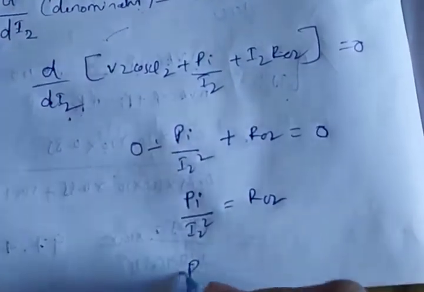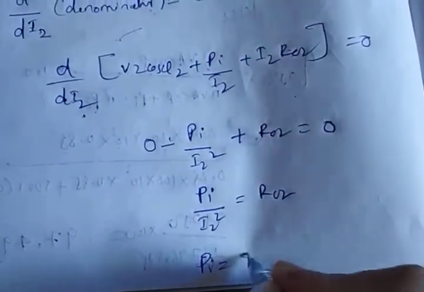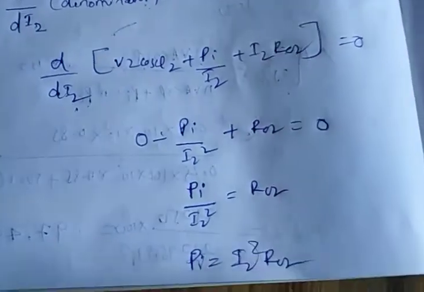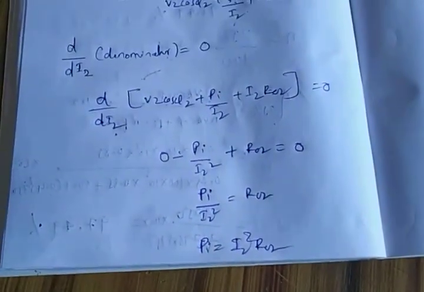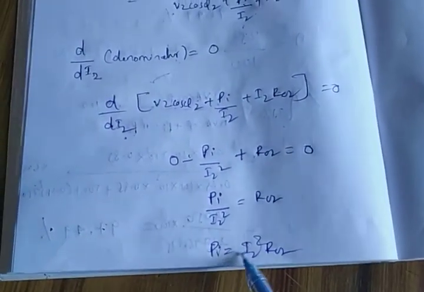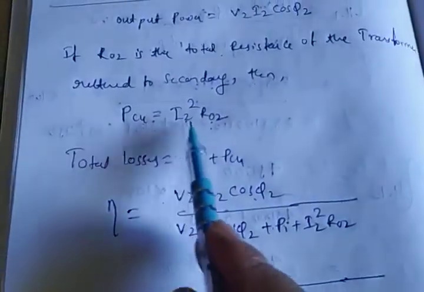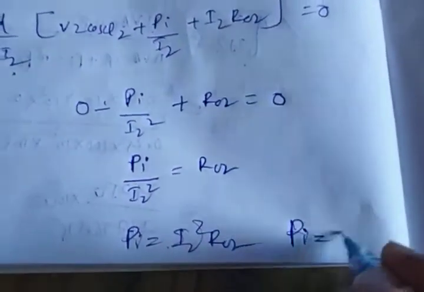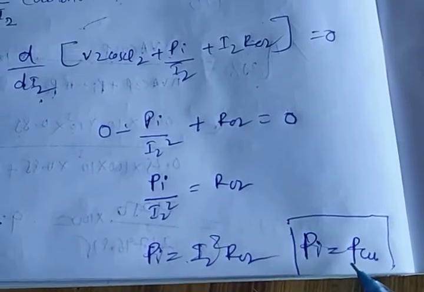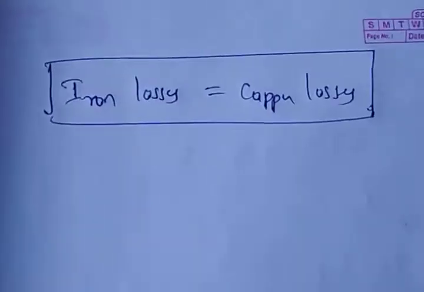So PI is equal to I2 square R02. The iron loss PI is equal to I2 square R02, which is nothing but PCU. So the condition for maximum efficiency is when PI is equal to PCU.